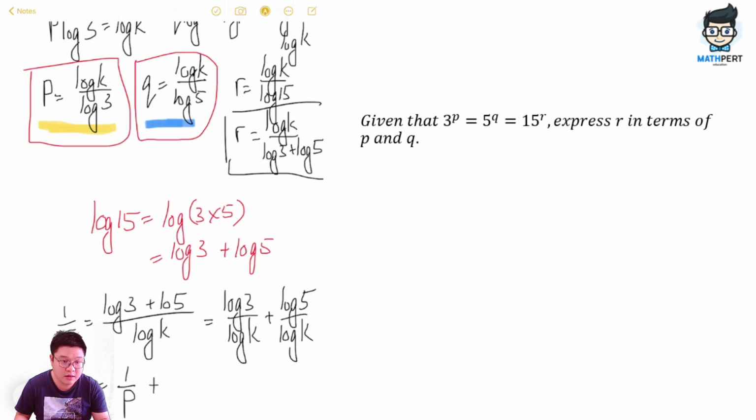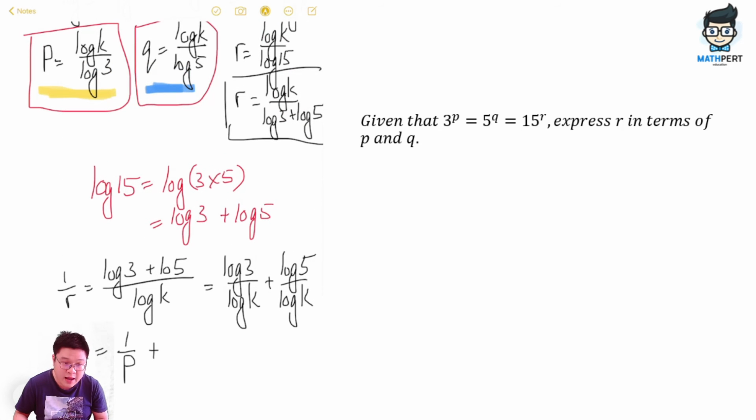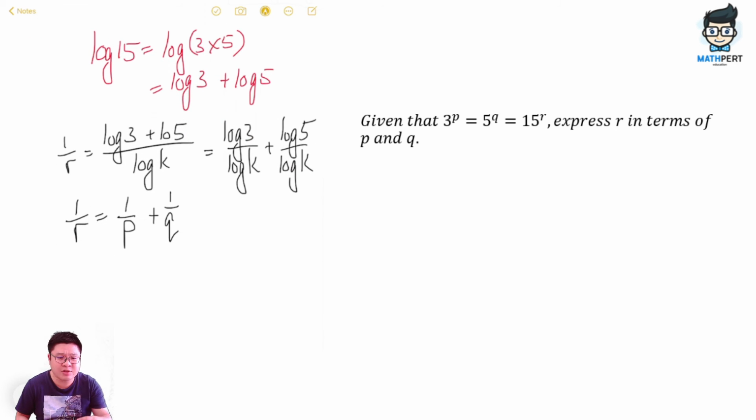This one, isn't it? So we can say that log 5 over log k is equal to 1 over q. Right? So we are asked to express r in terms of p and q. So this is 1 over r in terms of 1 over p and 1 over q.